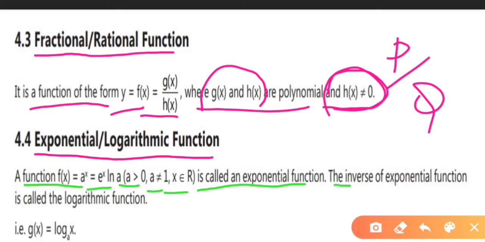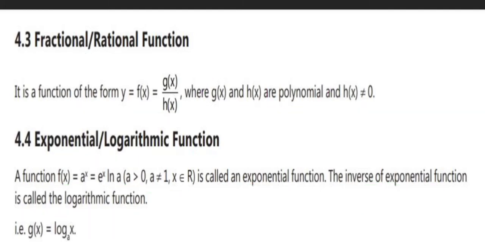The inverse of the exponential function is called the logarithmic function, that is g of x equals log x with base a. Got it? That is your rational function and exponential or logarithmic function.